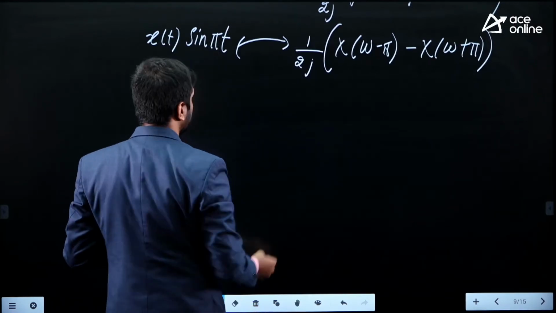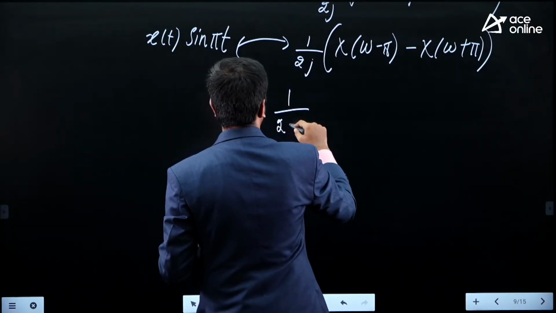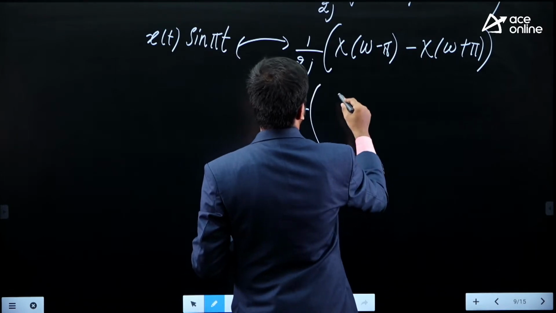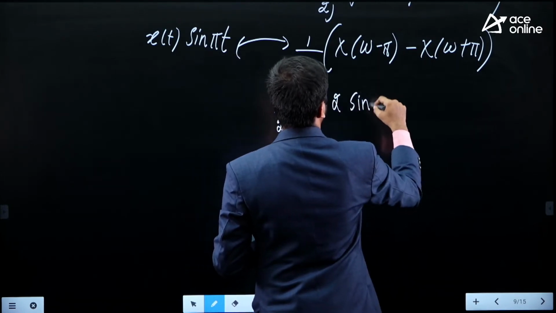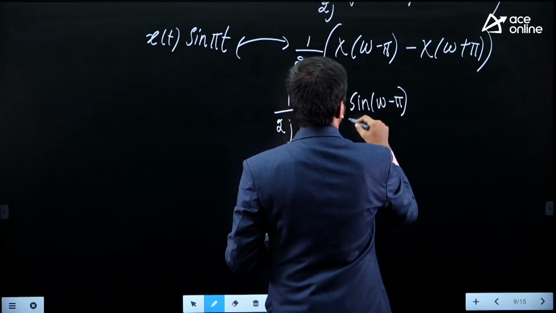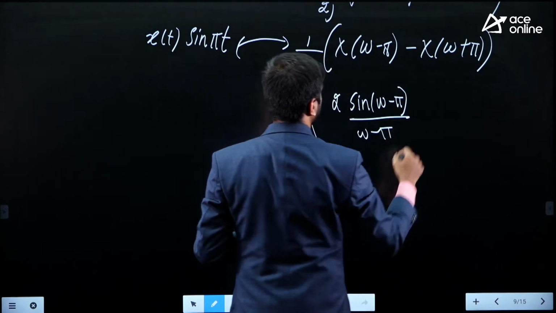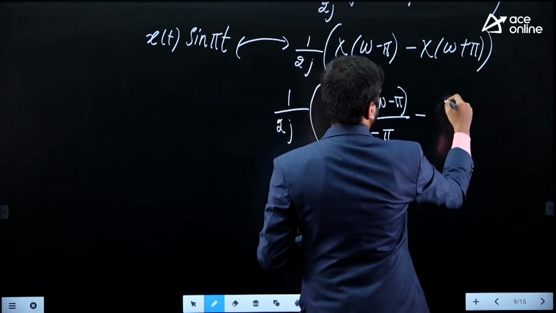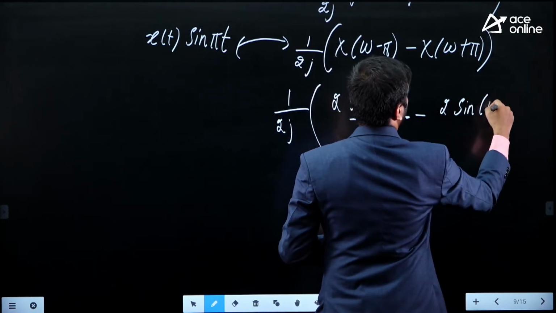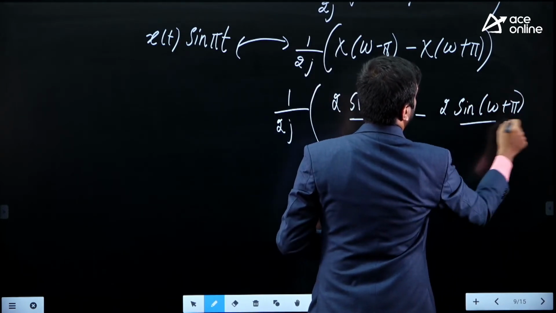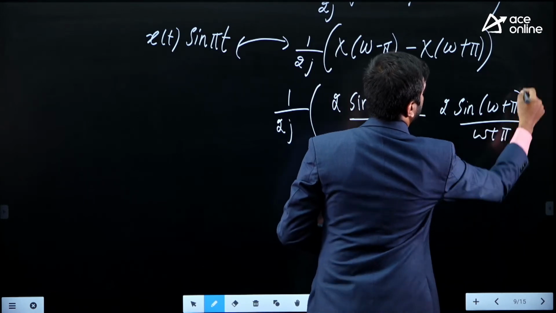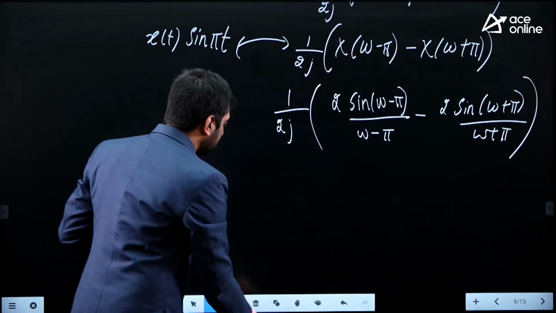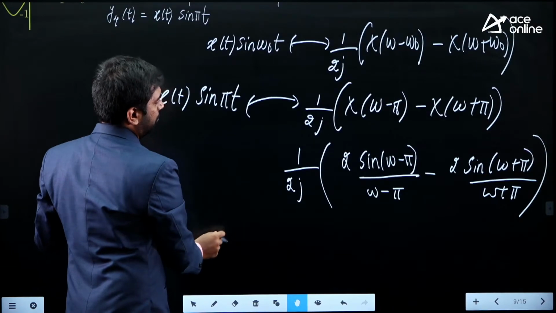So this is 1 by 2j, 2 sine of omega minus pi by omega minus pi, minus 2 sine of omega plus pi by omega plus pi. So finally this is the answer for the question.